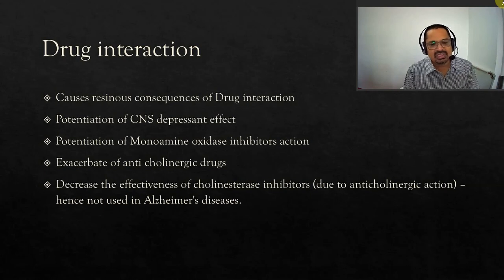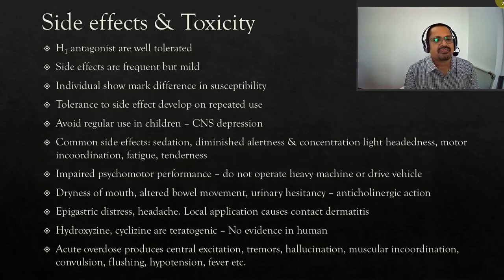They exacerbate the anticholinergic effect, because antihistaminics also have an anticholinergic effect. They decrease the effectiveness of cholinesterase inhibitors, because they act as anticholinergic agents, so cholinesterase inhibitor actions will be antagonized, hence not used in Alzheimer's disease.